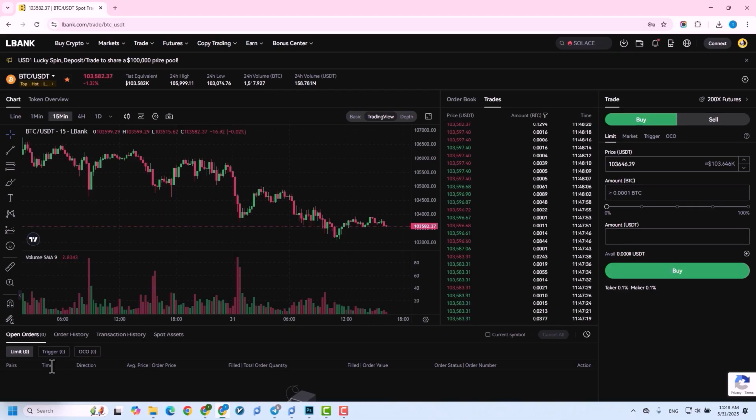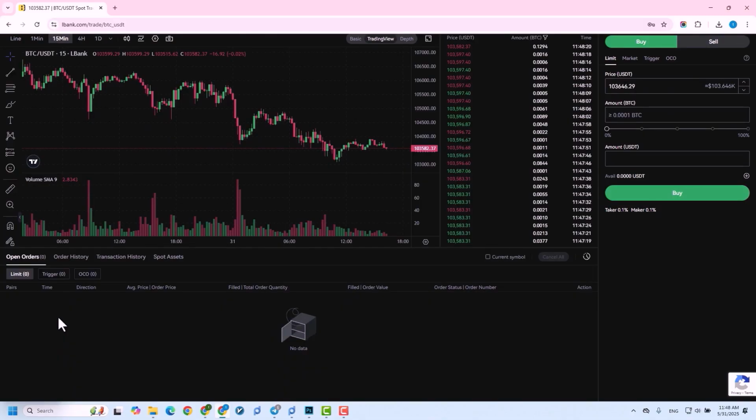In the Orders section, you can view your active orders and order history here. Information related to open orders, order history, and completed transactions is displayed for you in this section. You can also view your real-time balance for the selected trading pair.